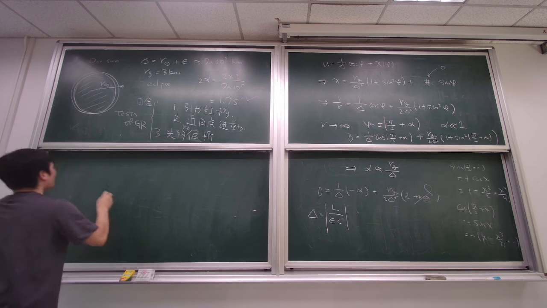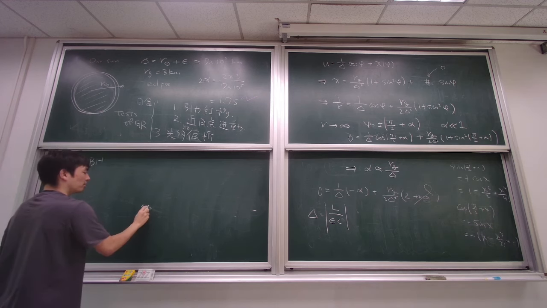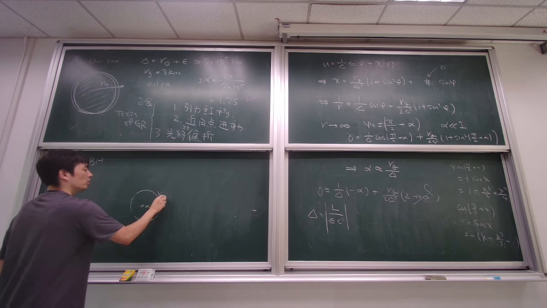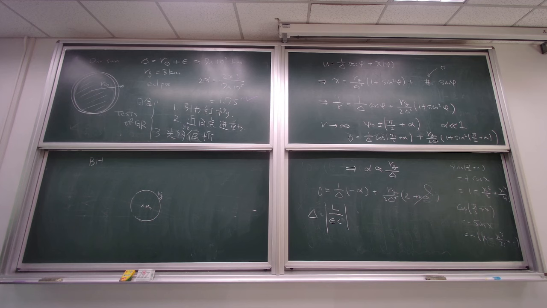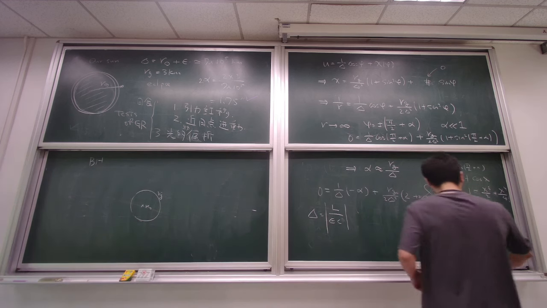So if you have a black hole, there is a singularity at r equal to 0, and then the Schwarzschild radius RG is here. If it is far away, you can just escape.